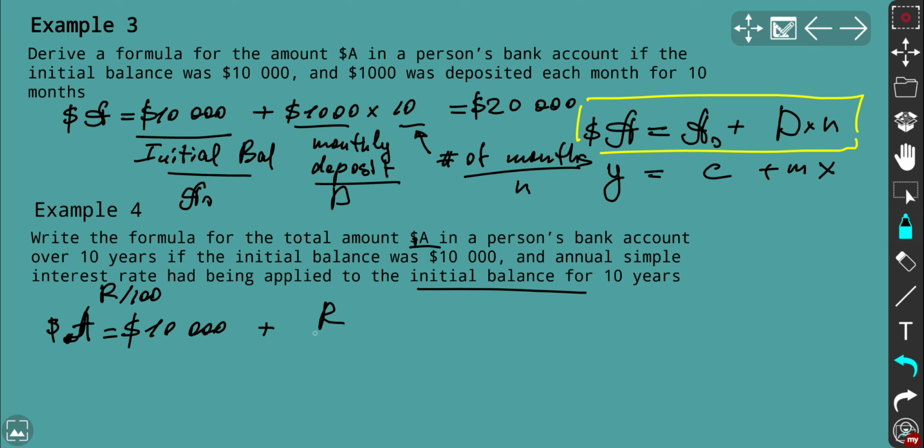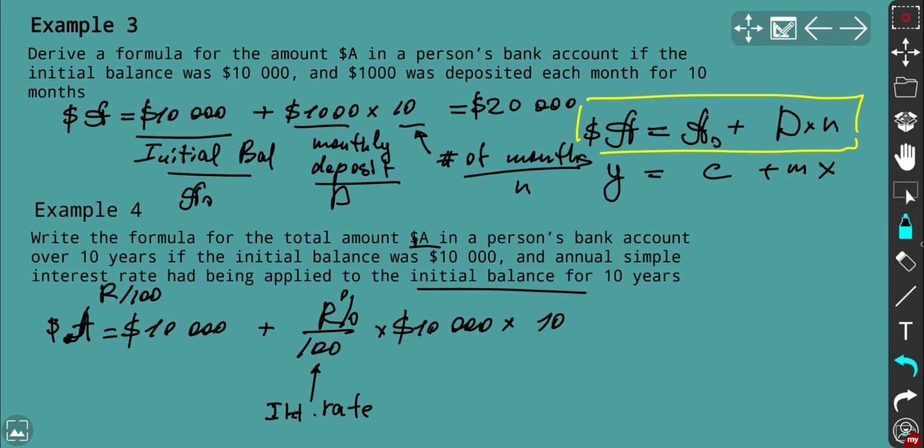So we've got R over 100, that's basically the interest rate, not in percentage but in decimals, because we divide by 100, and then we need to multiply that by the initial balance for a number of years, 10 years. So we apply it to $10,000 and for 10 years.